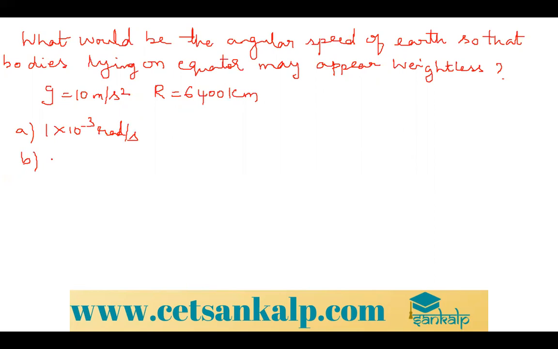Option B, 0.25 into 10 to the power minus 2 radian per second. Option C, 1.25 into 10 to the power minus 3 radian per second. Option D, none of these.